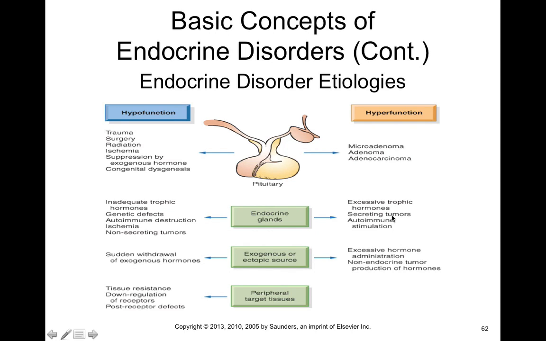You might have a secreting tumor or autoimmune stimulation of an endocrine gland. So autoimmune stimulation would be where antibodies can bind to a receptor and they start to simulate what it's like to have that hormone present. An example of this is called Graves' disease, which we'll talk about in a little bit, where it's an autoimmune disease where the immune system starts making antibodies against TSH receptors, right? Well, you find TSH receptors on your thyroid gland.